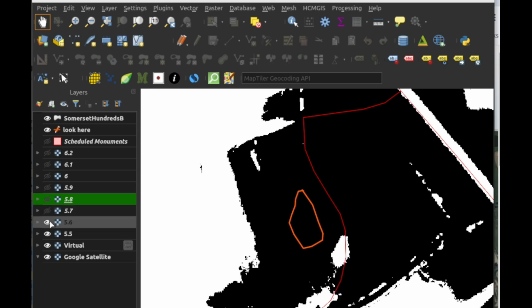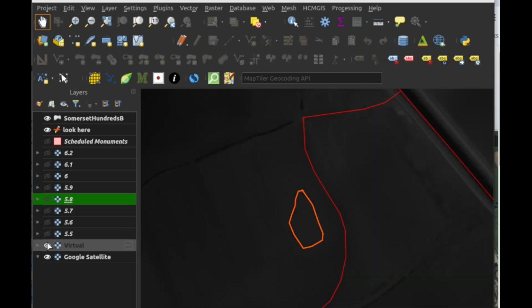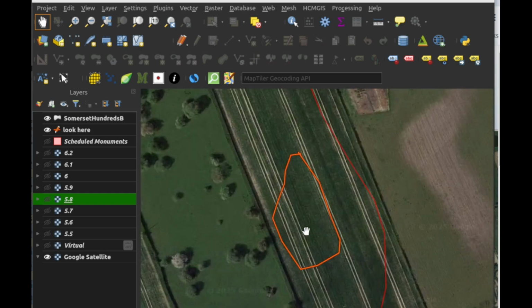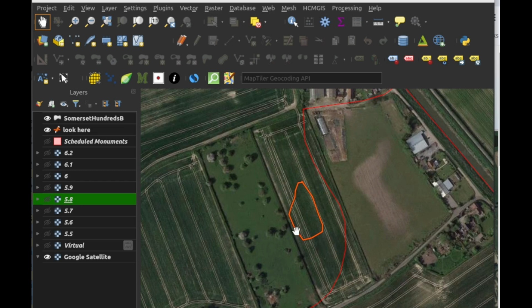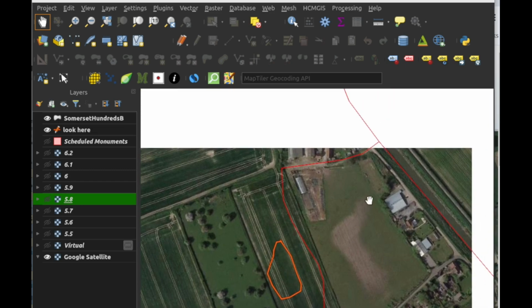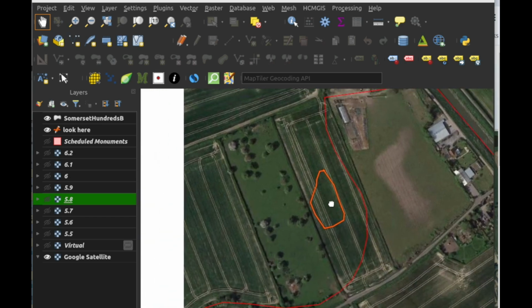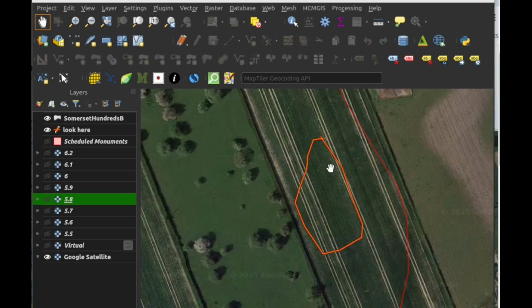So there we have it. That is a little bit of high ground. You know, they would have walked along here, walked along the boundary. So this is a little bit of high ground near to where all of these come together. So potentially that is a really good spot to look at.